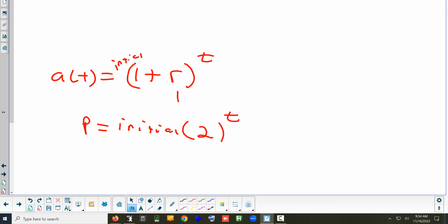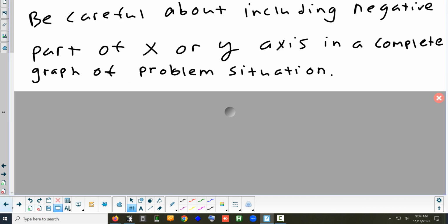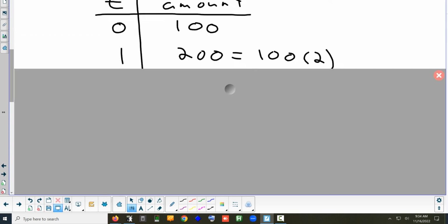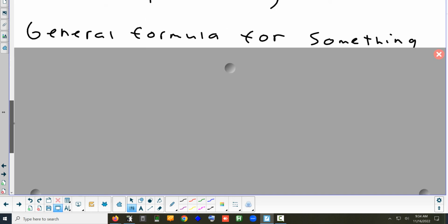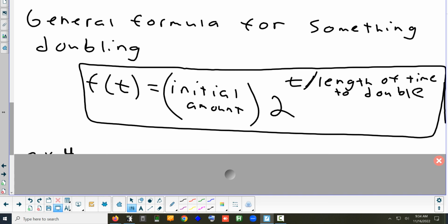That's the formula specifically for something doubling. So it's a 2 as the base, and the 2 is coming from the fact that you did 1 plus r, and r is 100% when you double.